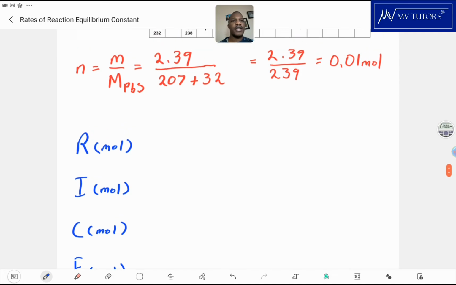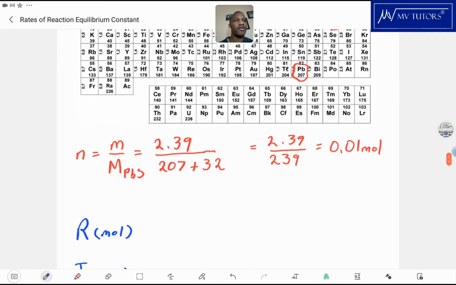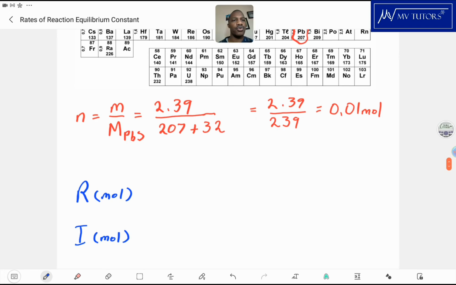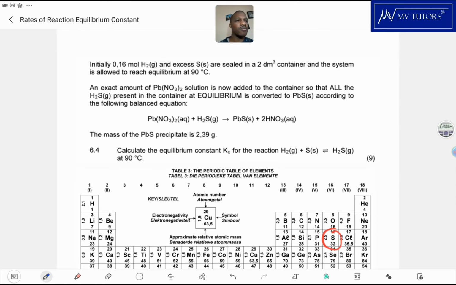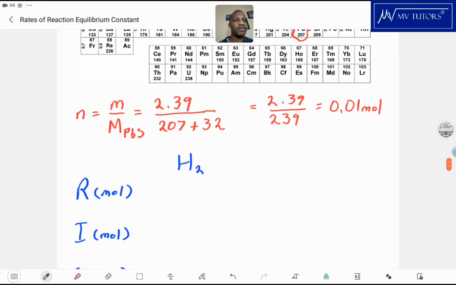Right, and then what are our reactants? Let's put our reactants. Come back to this equation. The reactant is H2, so we'll put H2 up here. And then the product is H2S, so we'll put H2S over here.